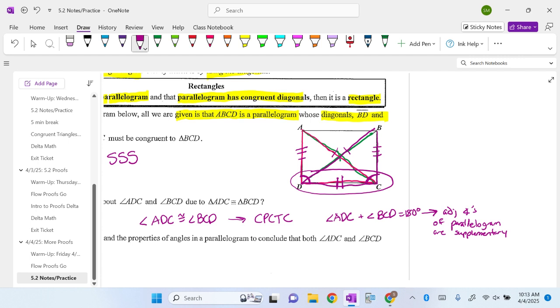So if those two angles are congruent, but they also have to add up to 180, what is the only angle measure that they would have to be individually? 90. Because if they're congruent, but they add to 180, that means you're just dividing 180 by 2, which is 90.